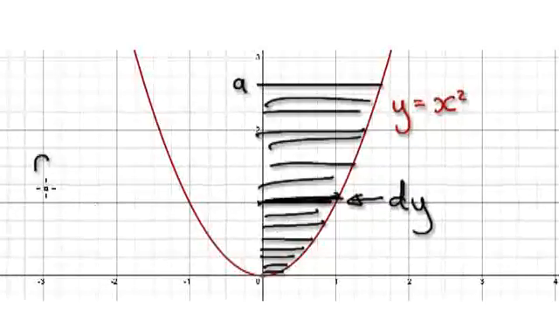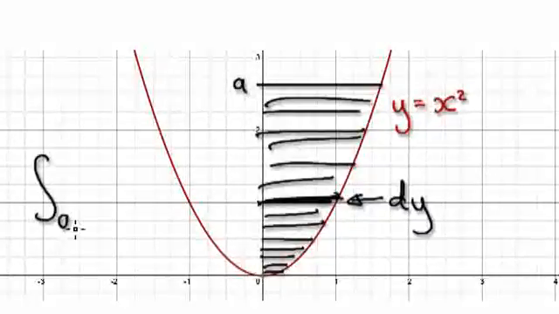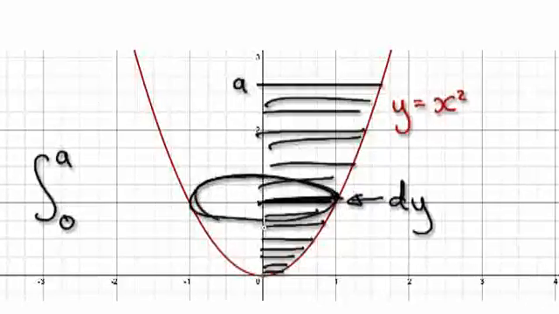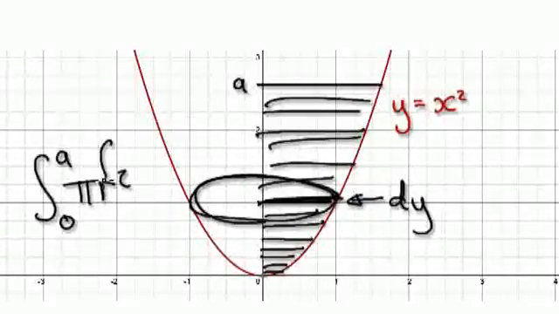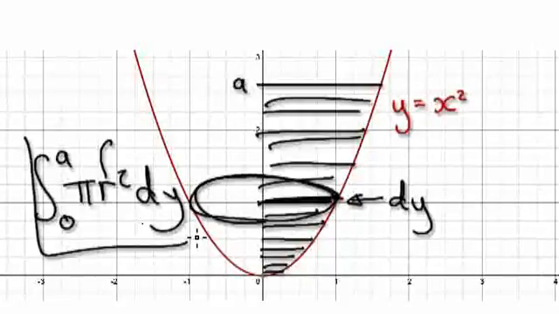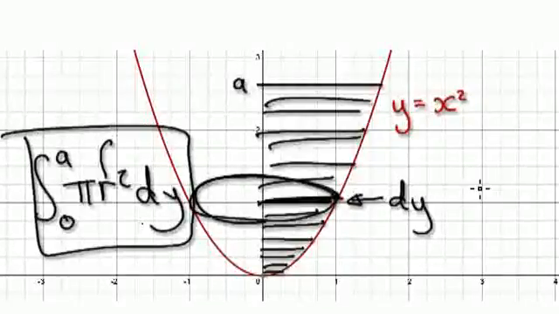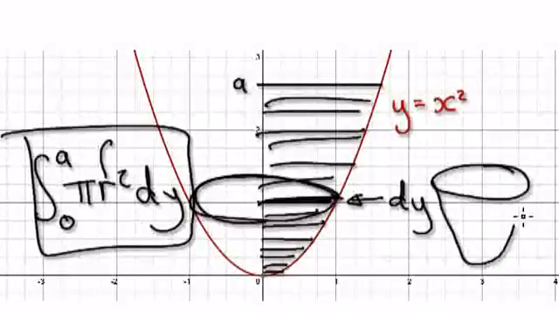So we would integrate from 0 to a, and then we would somehow work out the area of this disk, pi r squared. We would work out this radius here, and the thickness would be dy. This would then give us the volume of this solid.